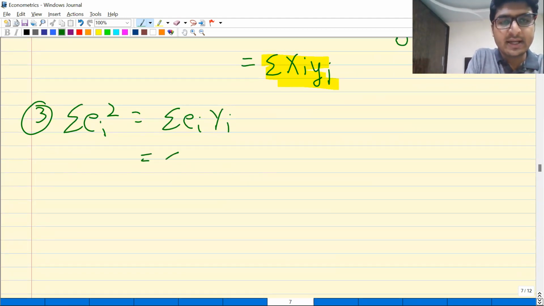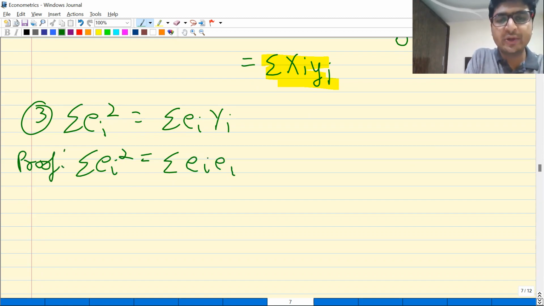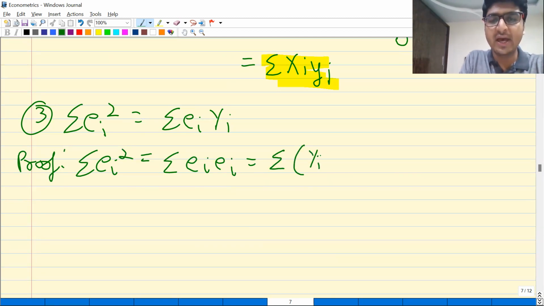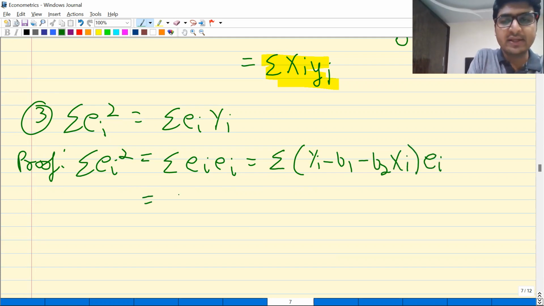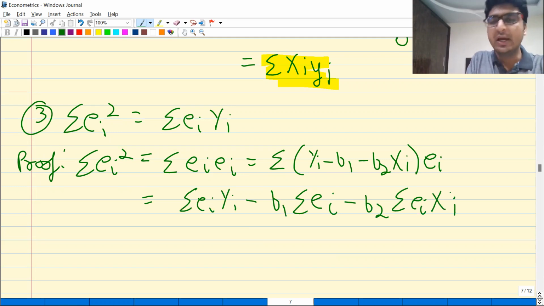So again, I can write it as summation ei square को हम लिख सकते हैं summation ei into ei, so it is equal to summation ei की जगह मैं लिख सकता हूँ yi minus b1 minus b2 xi into ei. Okay, so it is equal to summation ei yi minus b1 is a constant summation ei minus b2 is a constant summation ei into xi.